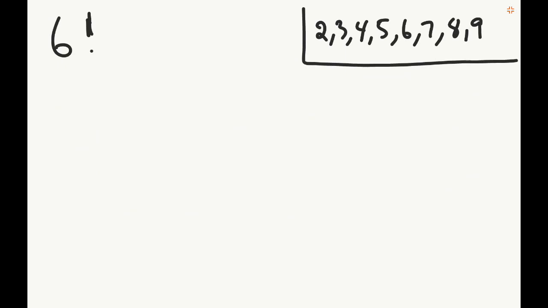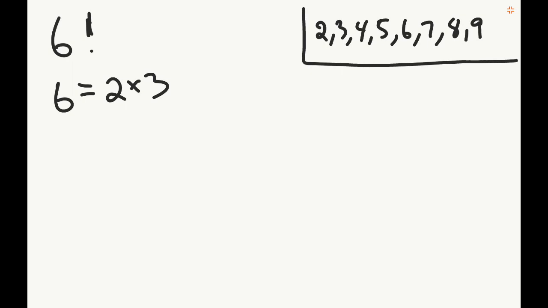So 6 is actually a kind of derivative one, because 6 is 2 times 3. It is what we call a composite number. It's not prime, it's made of other numbers.